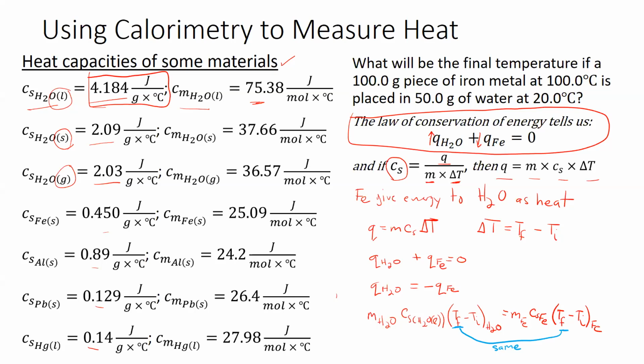So the energy to raise the temperature has to come from somewhere. In the case of the iron, it's the iron cooling down, giving off energy. In the case of a chemical reaction, it's the bonds that are being formed and broken that causes that heat to come. So the thing that you're measuring the temperature of, that water in a chemical reaction, the water's temperature is going to go up.